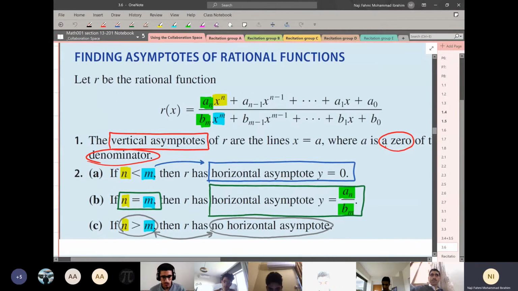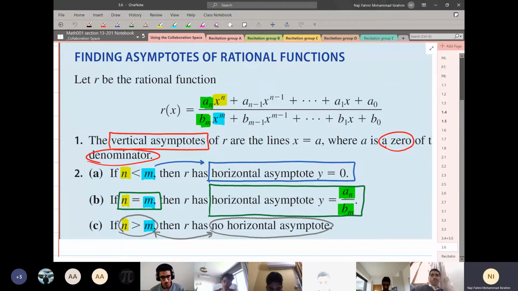If the degree of the numerator is less than the degree of the denominator, we say the horizontal asymptote is y equal to 0, which is part A in the rule. Part B, if the degree of the numerator is equal to the degree of the denominator, our horizontal asymptote will be y equal the leading coefficient divided by the leading coefficient.